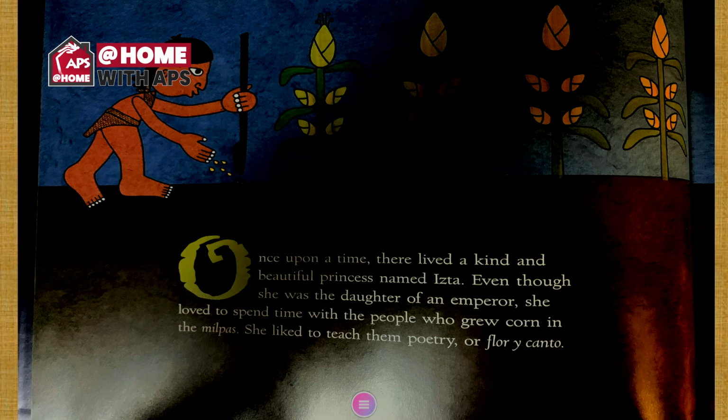Once upon a time, there lived a kind and beautiful princess named Itza. Even though she was the daughter of an emperor, she loved to spend time with the people who grew corn in the milpas. She liked to read them poetry, or flor y canto.